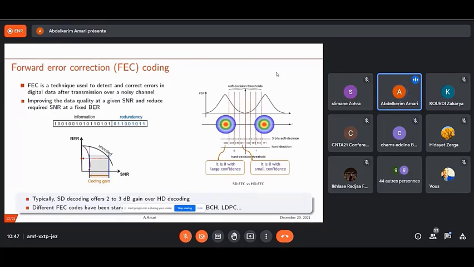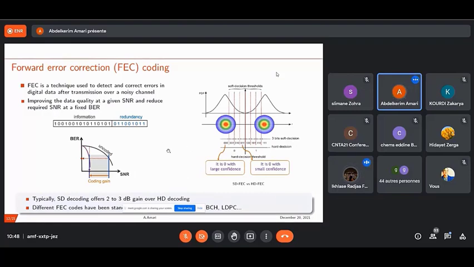So we have short reach, we do not allow a lot of complexity and latency, so it's good to use hard decision decoding, here in this case Reed Solomon. And for long haul next generation systems, we use soft decision decoding with staircase codes, and previously also soft decision with LDPC and turbo codes.